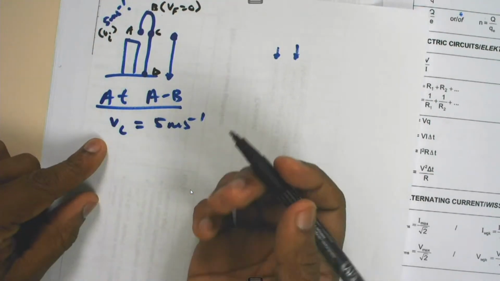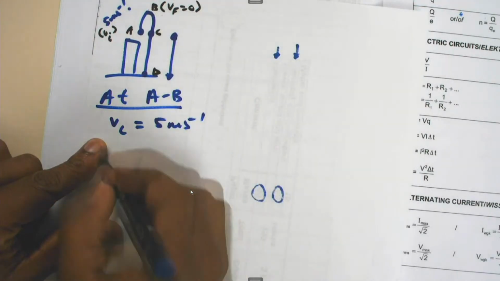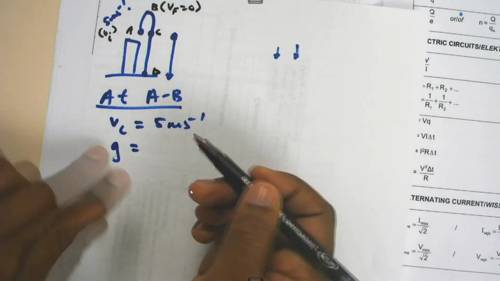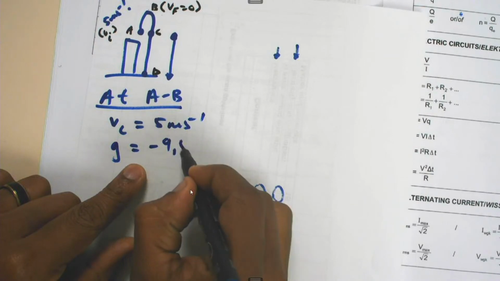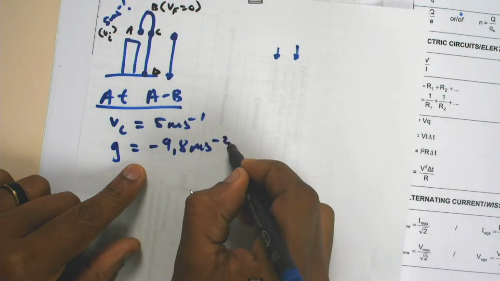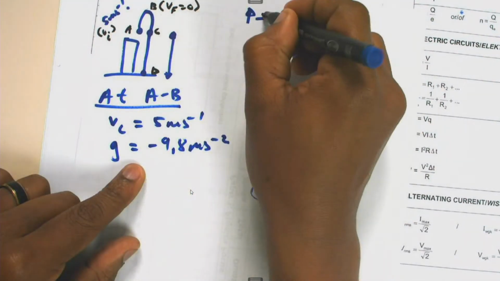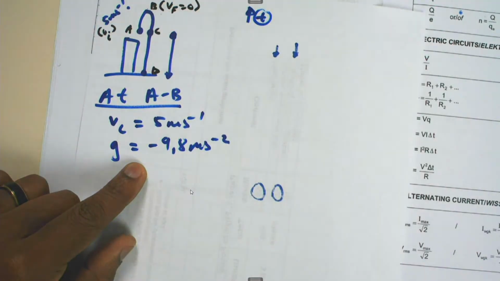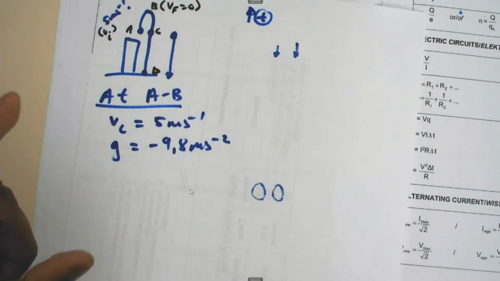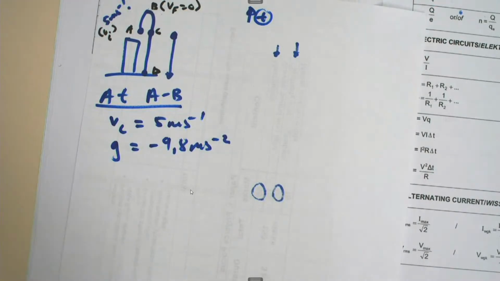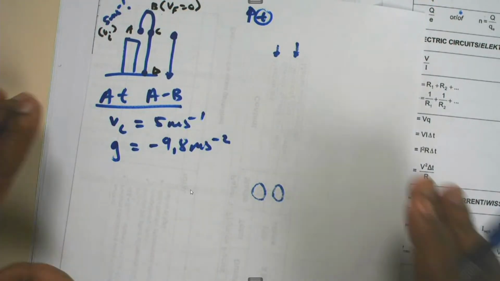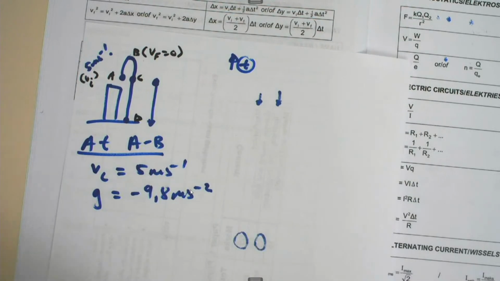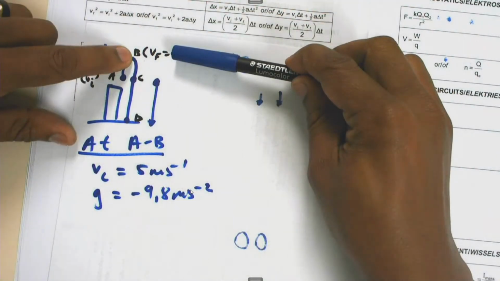What else is given that I know of? I definitely know g is always there, which is negative 9.8 meters per second squared, because the decision and the agreement is I choose my up as positive. So these are the 2 that will somehow always be given. But there is one that is hidden. Which one is that? It's this one, V final.